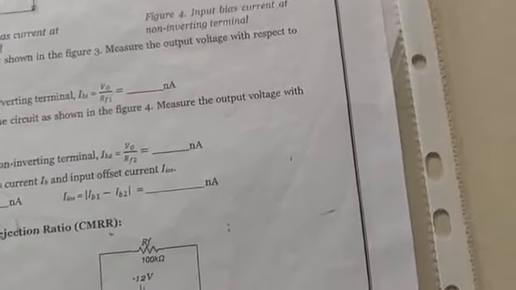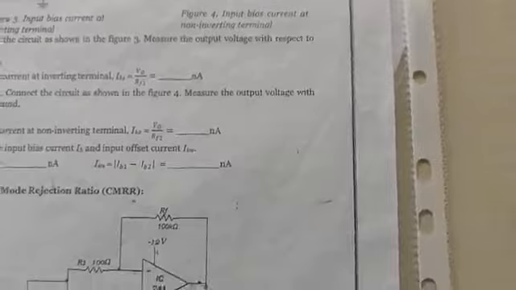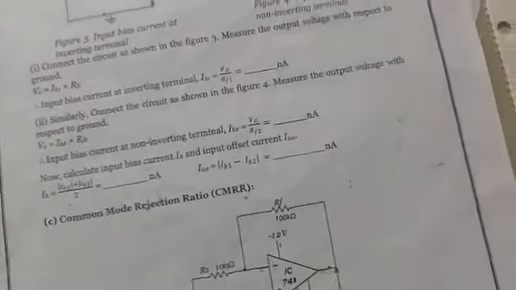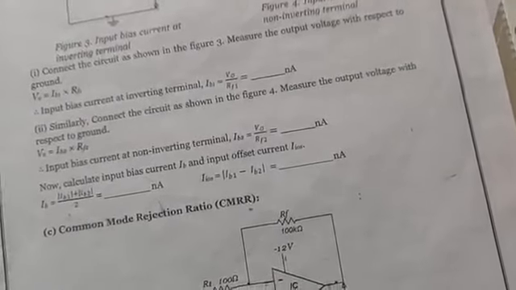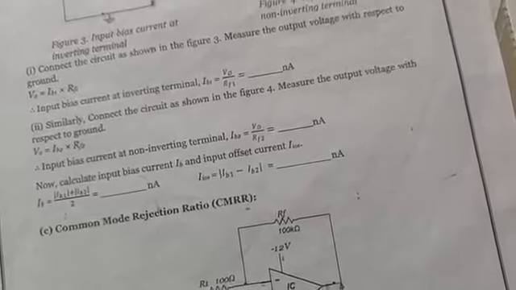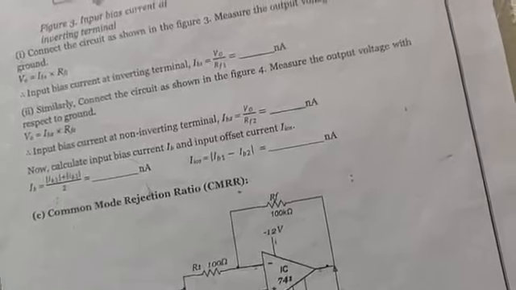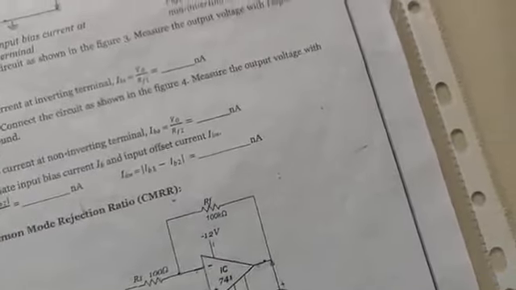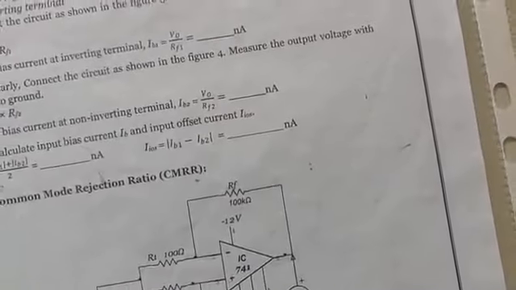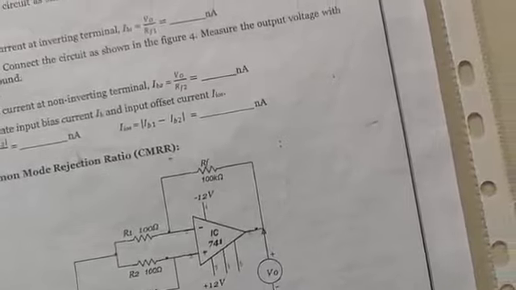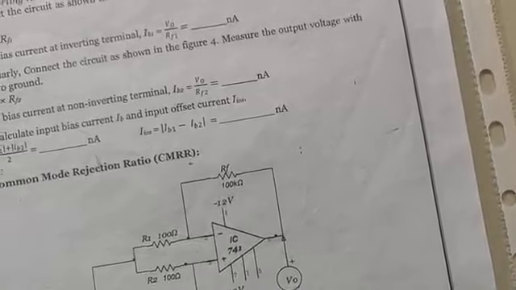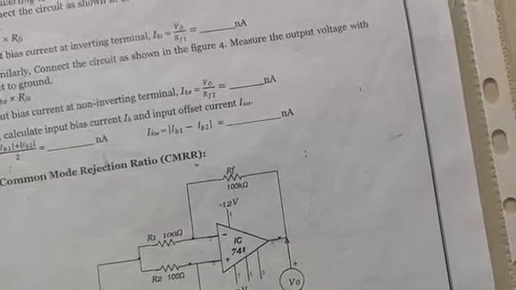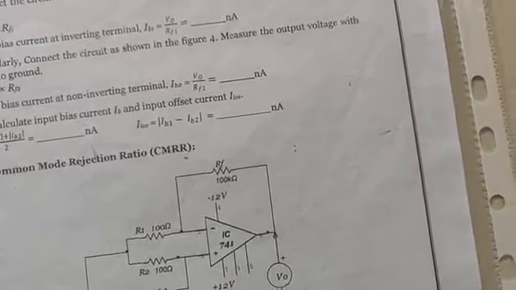Because the output voltage is 77 into 10 raised to minus 3 divided by 2.2 into 10 raised to 6, the 10 raised to 6 comes into the numerator, so it becomes 10 raised to minus 9. So 10 raised to minus 9 ampere is nothing but nanoamperes. So we can say that 77 divided by 2.2, whatever it comes to, is IB1.